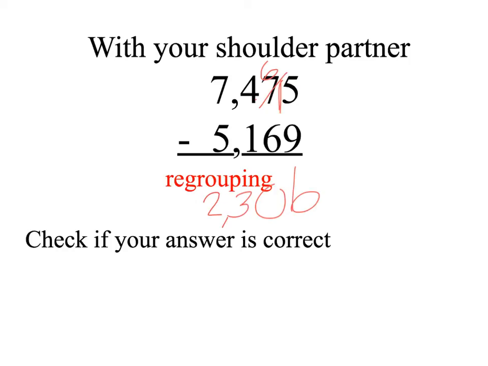Well, I'm going to check my answer by using inverse operations. So again, I'm going to work from the bottom to the top, and you're going to use addition to see if your answer is correct.